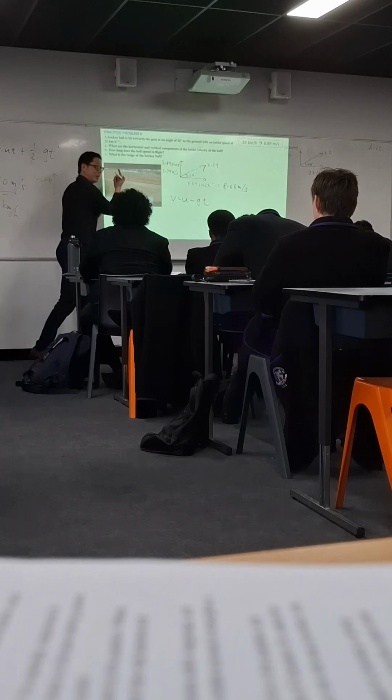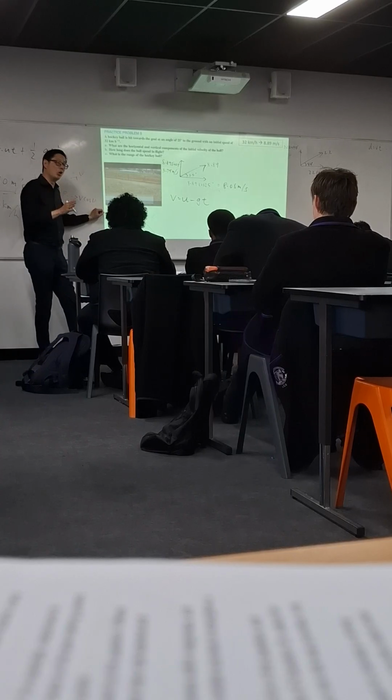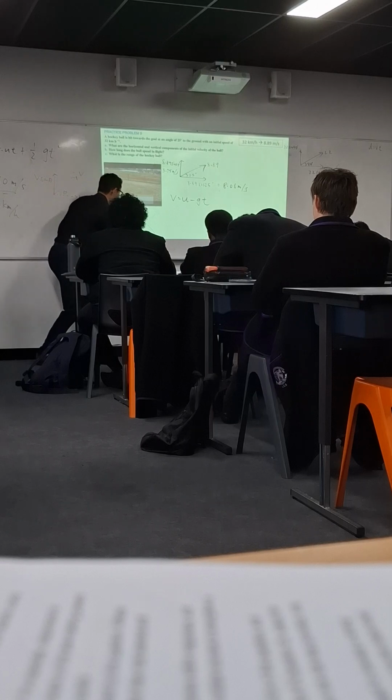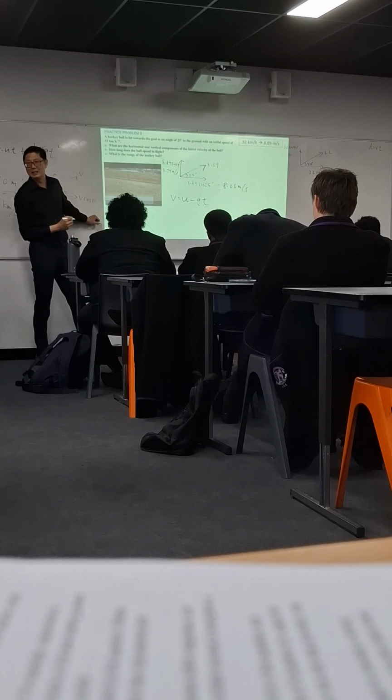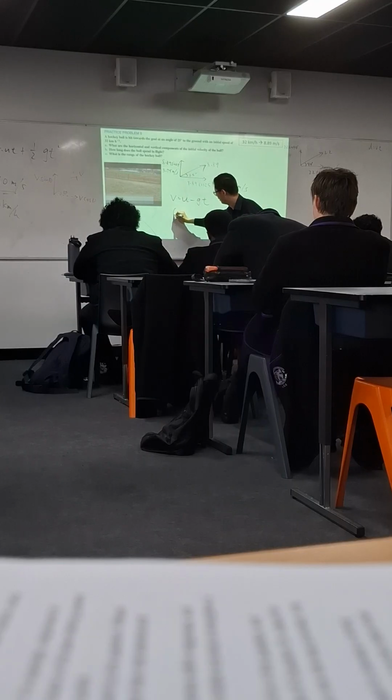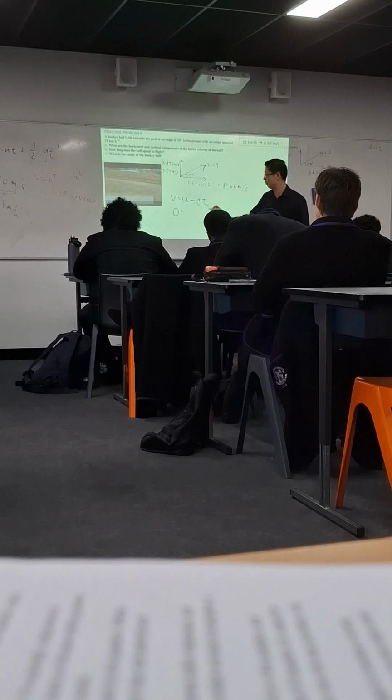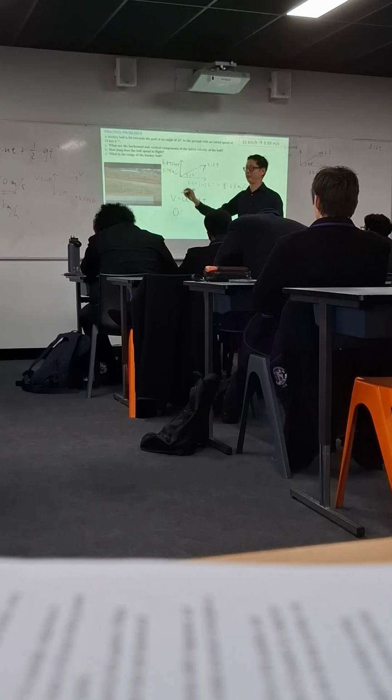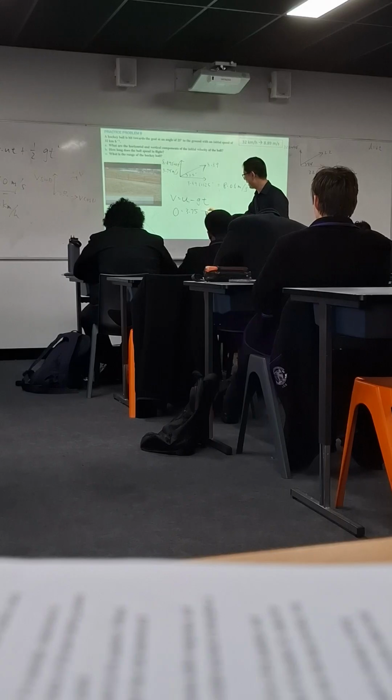Moving upwards, when I reach the peak, what will be the V? 0. The Vy is 0. And what is the Uy, to be more specific? Uy is 3.75. Minus 9.8 T.